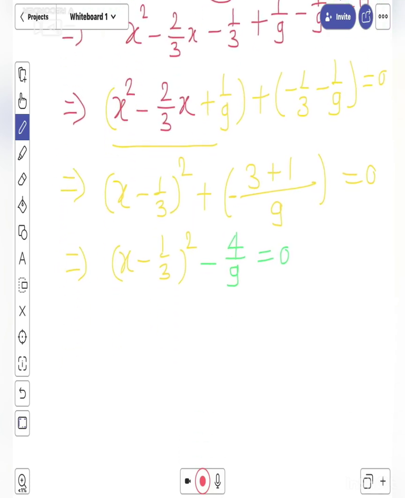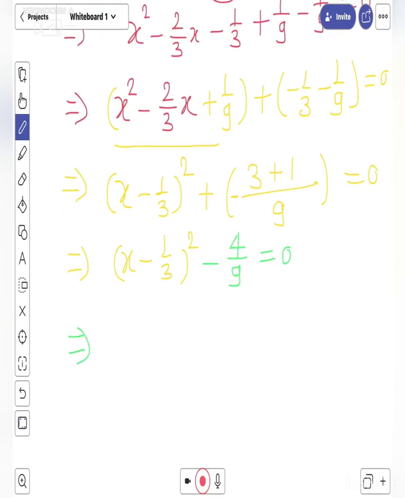So after this step, what to do? After this step, you will transpose this numerical value, that is minus 4 by 9, into the right hand side. So you will get 4 by 9, because minus converts into the positive sign. So after this, what to do?